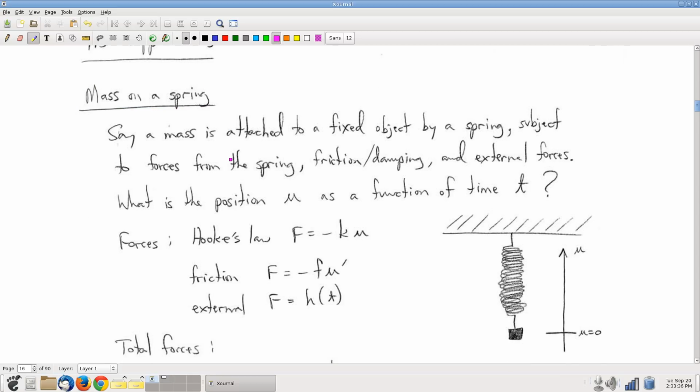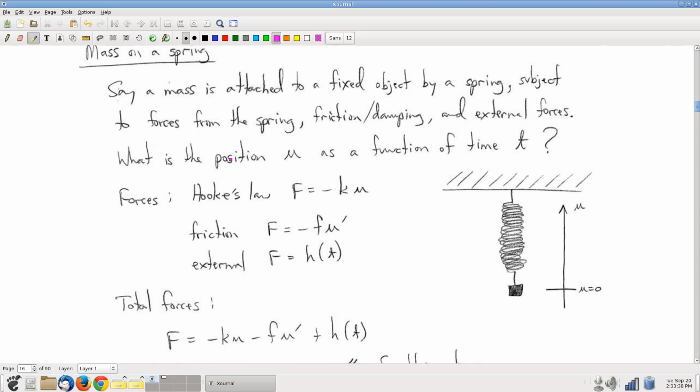So here's the picture of what we're talking about. We have a mass attached to a spring, which is itself attached to a firm support up above it, let's say a ceiling joist or something like that. The idea is that this mass on a spring is going to move.